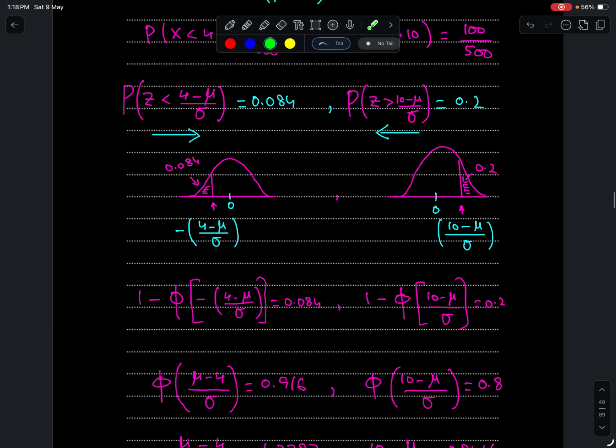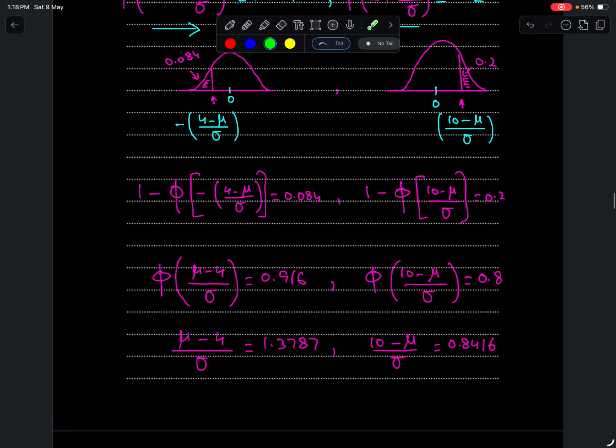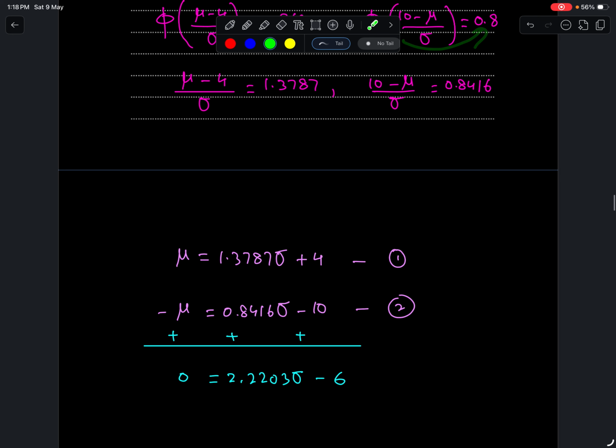Now for this, since we have the greater sign, shade in this direction. The area is very small, so stop shading well before 0. And this unknown is positive because this is on the right side of 0. Since the area is small, write 1 minus phi, this is equal to 0.2. Now get phi inverse of this and get the other equation.